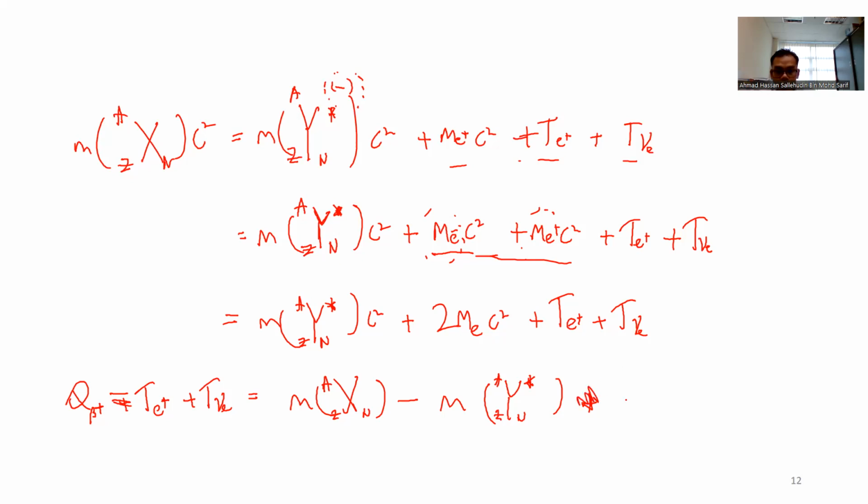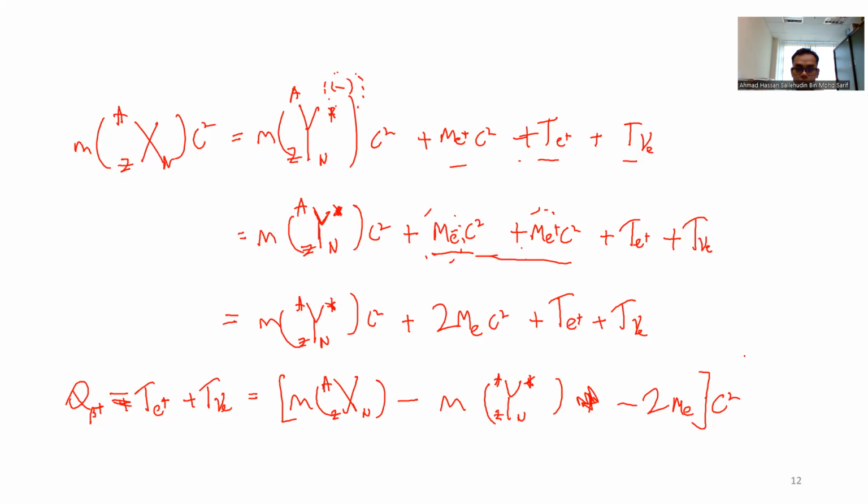You change the side, so it should be minus 2 me, c square outside. Okay, that's the beta plus decay.